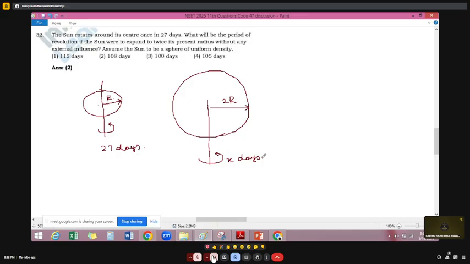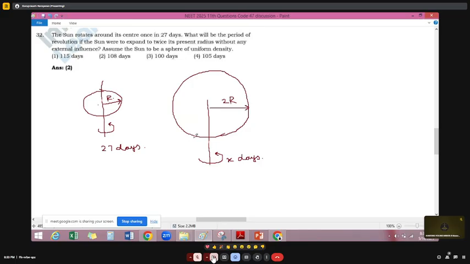M r omega squared is centripetal force. Any other answers? I agree that it is centripetal force. Anything else? I would say when something is expanding like this, there is no external force coming from outside.